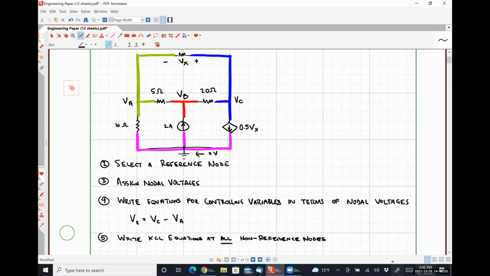It minimizes the number of negative signs. So for node A, I'm going to add this current flowing down through the 10 ohm resistor, this current flowing to the right through the 5 ohm resistor, and this current flowing up through the 15 ohm resistor, and set it equal to 0.